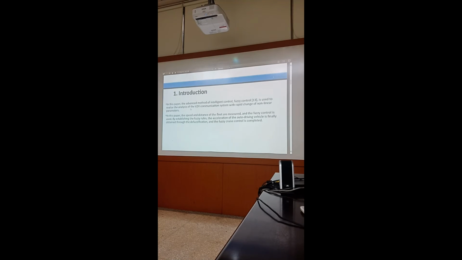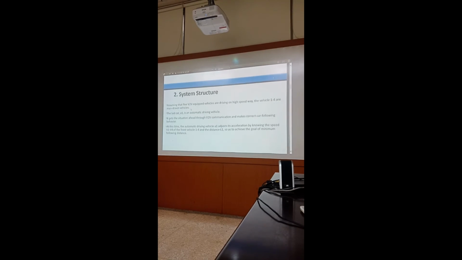So they want to calculate the speed and distance of the fleet. For example, if we drive our car on the highway and there is another car in front of us, the car can automatically adapt the cruise control to the other car in front of it.